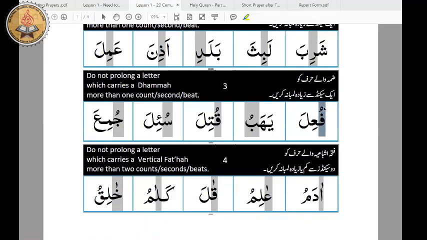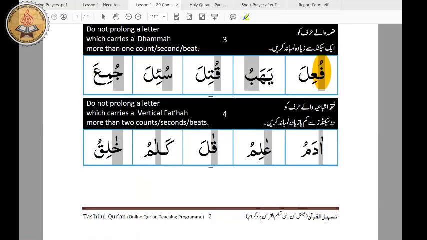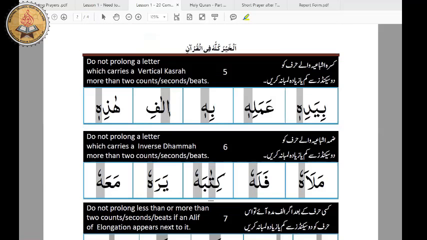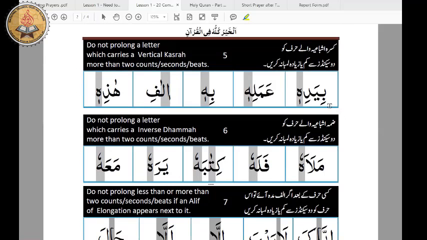This is a dhamma. And what happens if there's a vertical fatha. You learned all of these things. Hopefully you revised at home, and hopefully everything is clear. It's actually really not that difficult. It might look a bit confusing or like it's too much information, but really it's not that difficult. And I think we'll get there, inshallah.